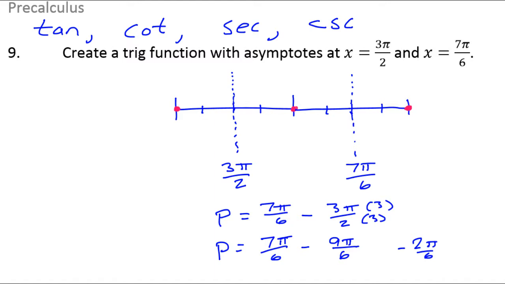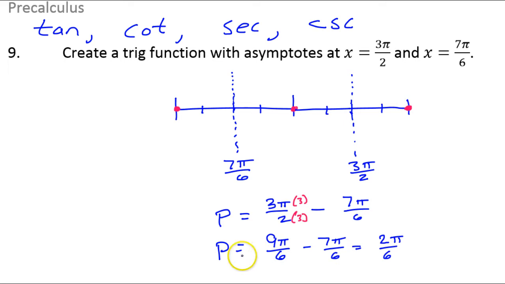Okay, so that tells me that I have these backwards in the picture. So really, 7 pi over 6 is smaller. That should be over here. And really, 3 pi over 2 must be bigger. Okay, so if I switch this whole thing around, alright, this is better. I didn't want a negative period.